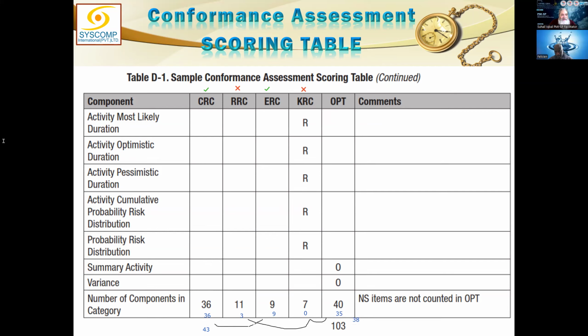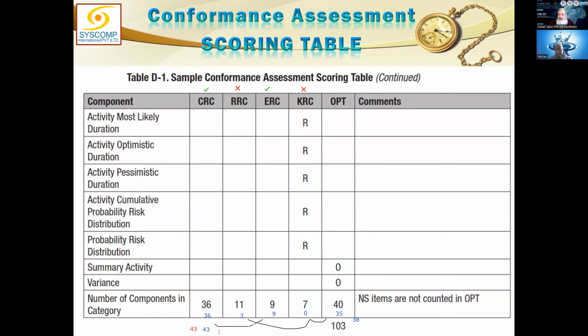But what actually should be your score? Let me change the color. Actually, you opted for this and this. 36 plus 9 is 43. So your pass score is 43. You got 43 out of 43.